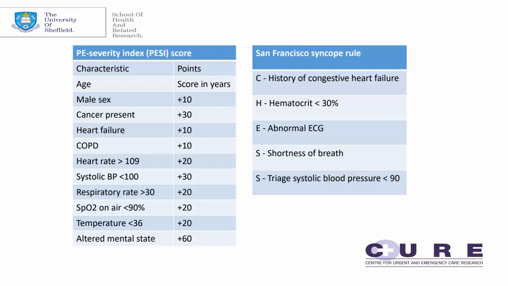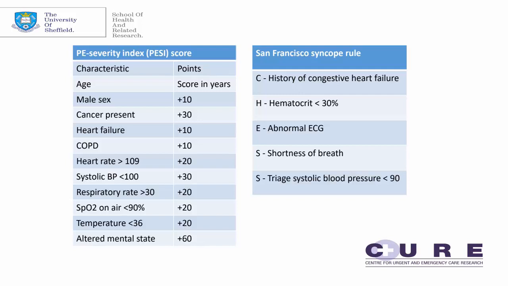As you can see, you go down and see what age they are, what sex they are, do they have cancer, heart failure, airways disease, so a chronic obstructive lung disease, and then we've got various measurements like their heart rate, their blood pressure, respiratory rate, and their oxygen saturations, and they get points for all of them. You tot up the points, and clearly the more points you have, the higher the risk of an adverse outcome.